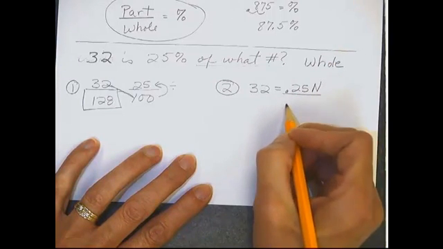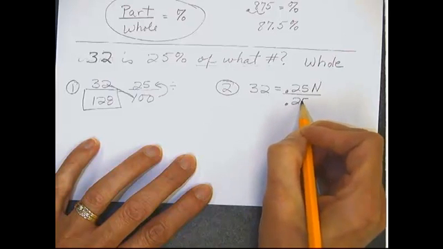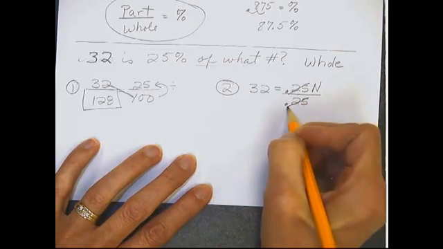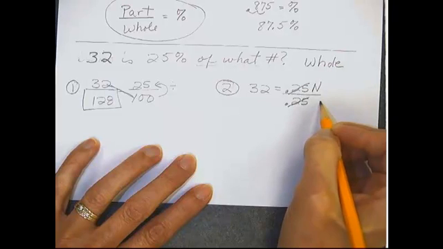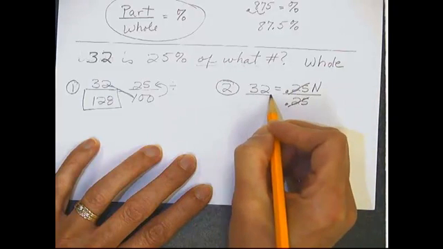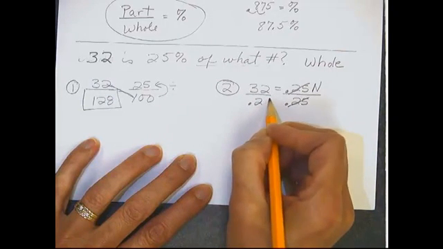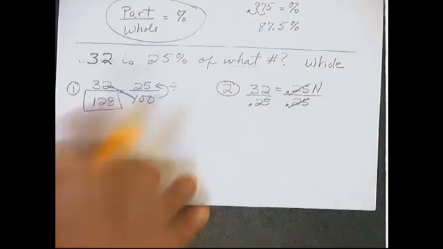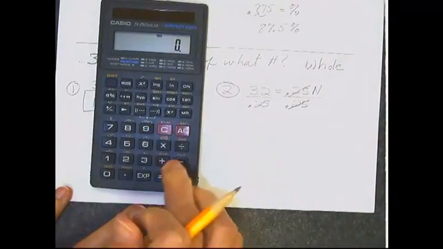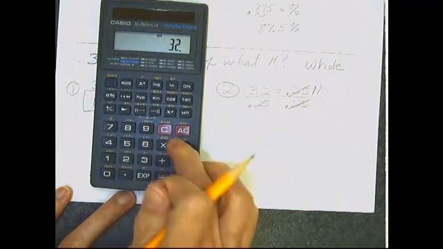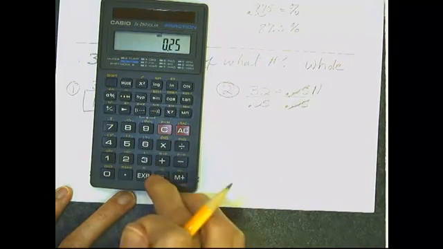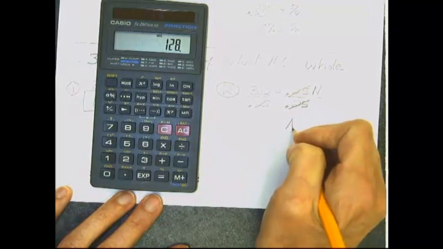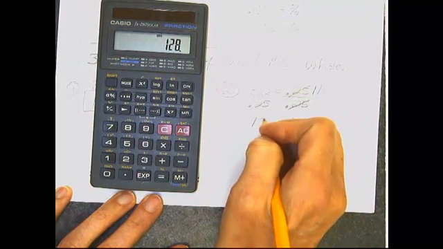So I can divide this side by 25 hundredths, which allows that to reduce. And again, whatever I do to one side of the equation, I have to do to the other side of the equation. So this is what justifies that you can go ahead and take 32, divide by 0.25. And again, you're going to get n is equal to 128.